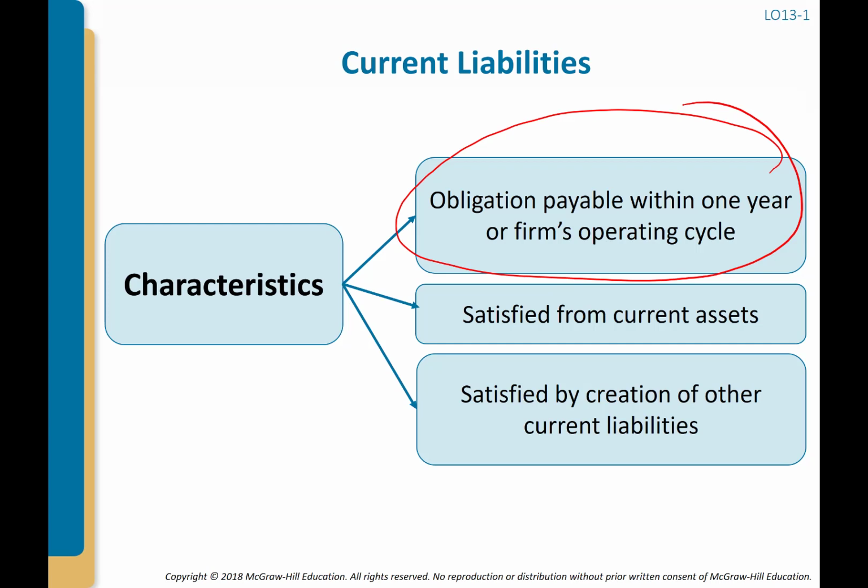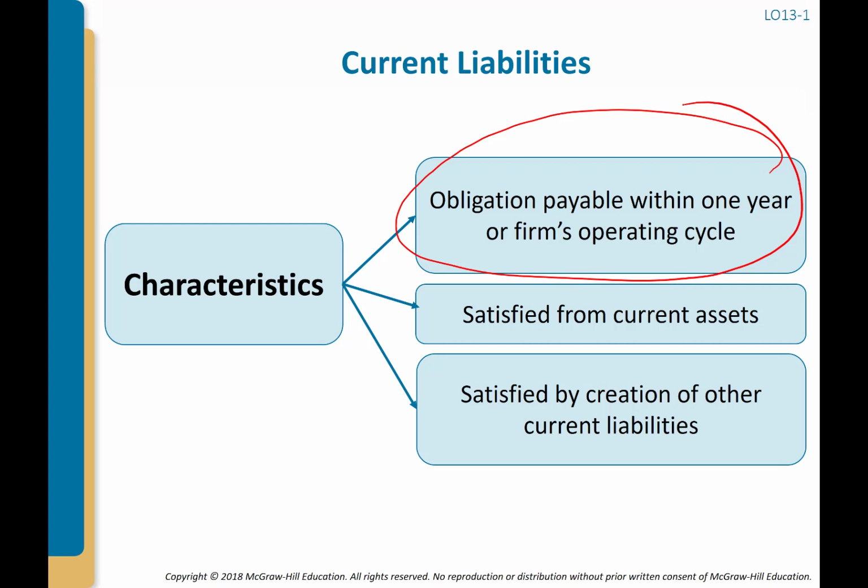So if we're going to have to sacrifice an asset, usually pay cash, and we're going to have to pay that cash within 1 year, we will call that liability a current liability. When it goes beyond 1 year, we will call it, obviously, what? Non-current.